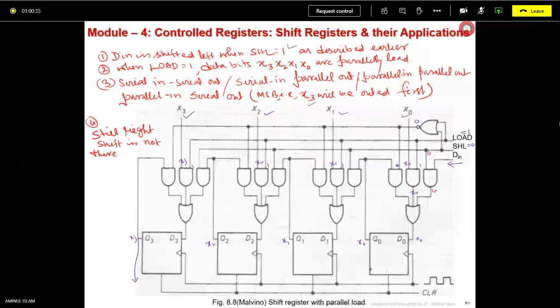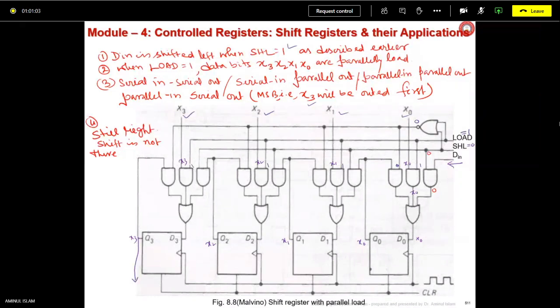So this is going to be 0. Data in is not going to be entered or stored into the flip-flops. Always it will be 0 because of SHL 0. So that part you forget. No entry from the D in. It is not going to affect the flip-flops, because always 0 is going to come.